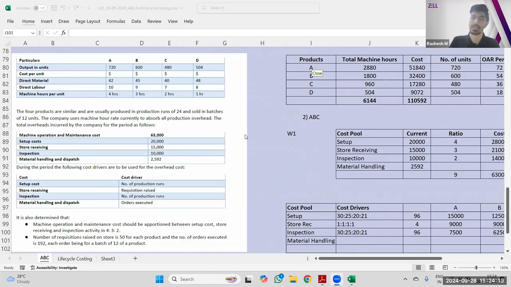Arya, Dipanshu, that's correct. Same exact thing, guys. Take your products. This time, take it in batches of 12. So how many times did you have to do material handling and dispatch? Once you get that, that becomes your cost driver. And using that cost driver, you all can allocate your costs. Mansi, Riddhi, Khushbu, that's correct.